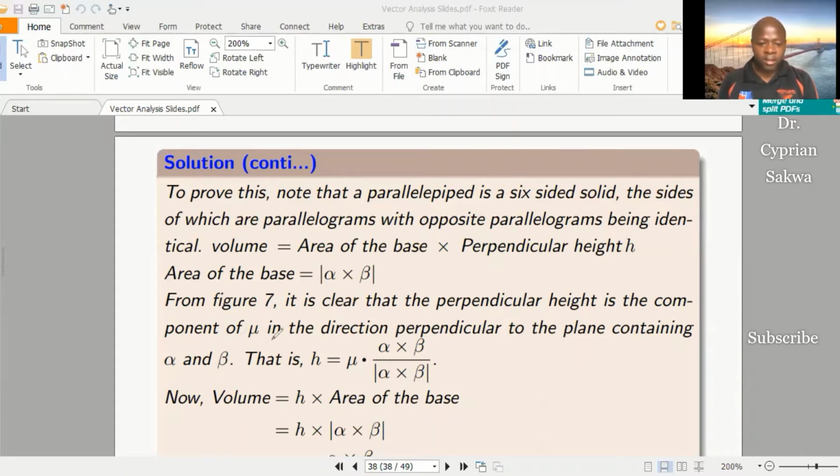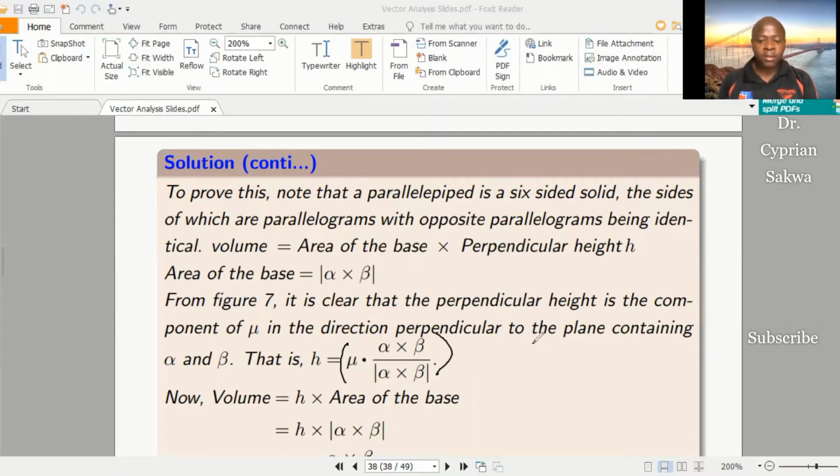So since height is a component of mu and is in the direction perpendicular to the plane containing alpha and beta, we can say that height is given by this. It's a component of mu in the direction perpendicular to this. So this is a unit vector.